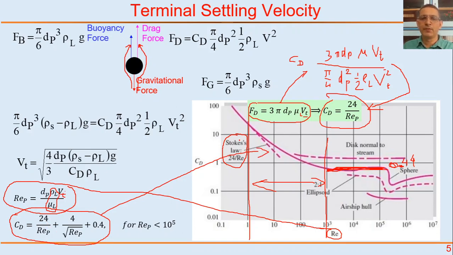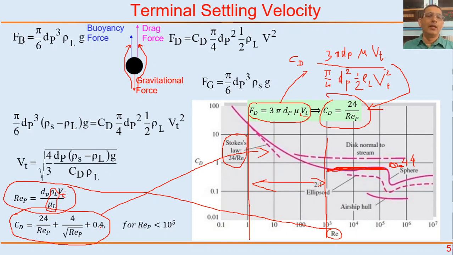That takes care of the first part, Reynolds number less than 1. CD is 0.44 in the other extreme, because the 4 by square root Rep term is also there. That takes care of this regime, and in between you have this term being important. Okay, so that's an expression for CD across all values of Reynolds number.